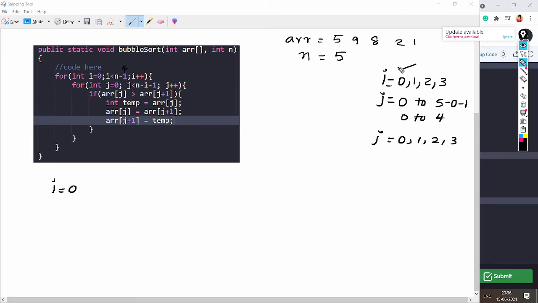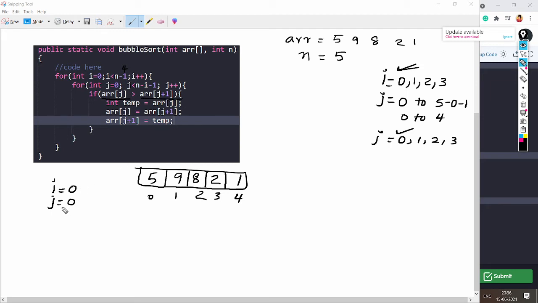So let's take first i as 0 and j as 0. Now I will take my array 5, 9, 8, 2, 1, and this array is indexed 0, 1, 2, 3, 4. What I will do is compare array of j and array of j plus 1.